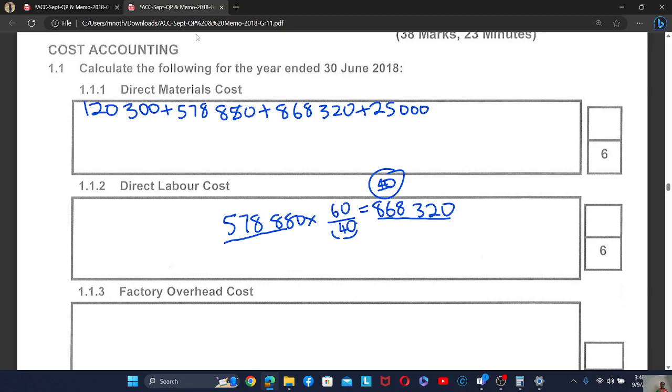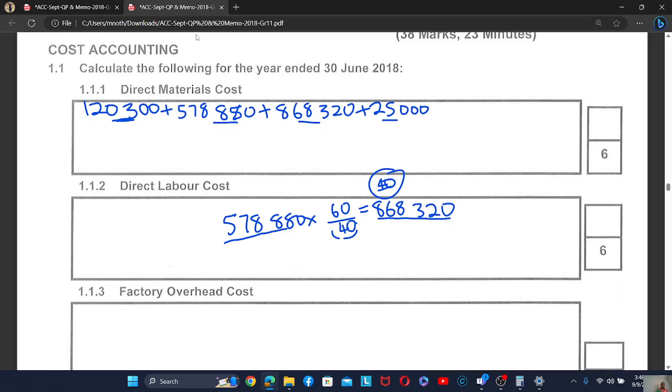It's 1,592,500. So the first one is the one at the beginning of the year, 120,300, and then the raw material purchase, and also the transporting cost. They give you 1 million, right?